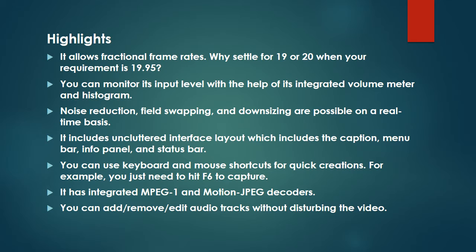You can monitor its input level with the help of its integrated volume meter and histogram, and noise reduction, field swapping and downsizing are possible on a real-time basis. It even includes uncluttered interface layout, which includes the caption, menu bar, info panel and status bar. And you can use keyboards and mouse shortcuts for quick creations.